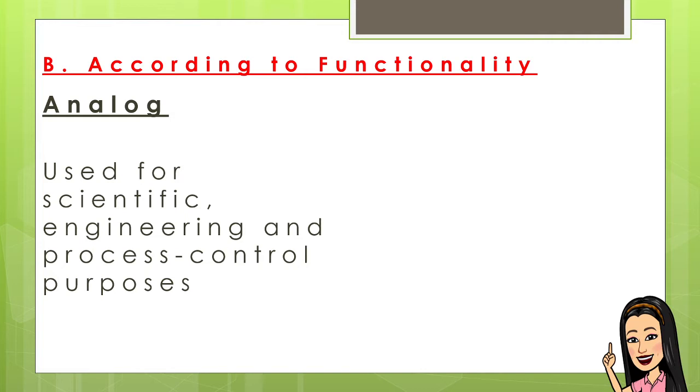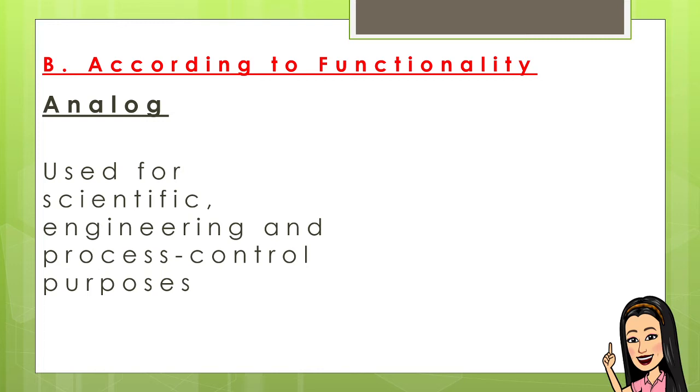It is used for scientific, engineering, and process control purposes. It represents data in the form of continuous electrical signals having a specific magnitude. These computers are very fast in their operation to be carried out at the same time.